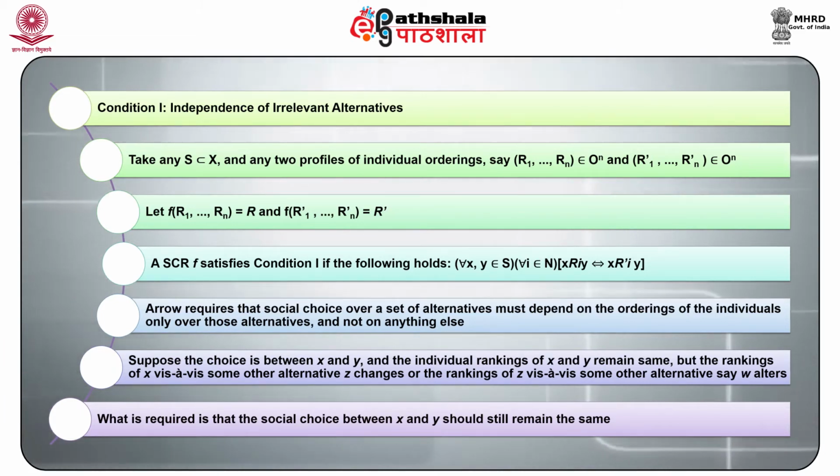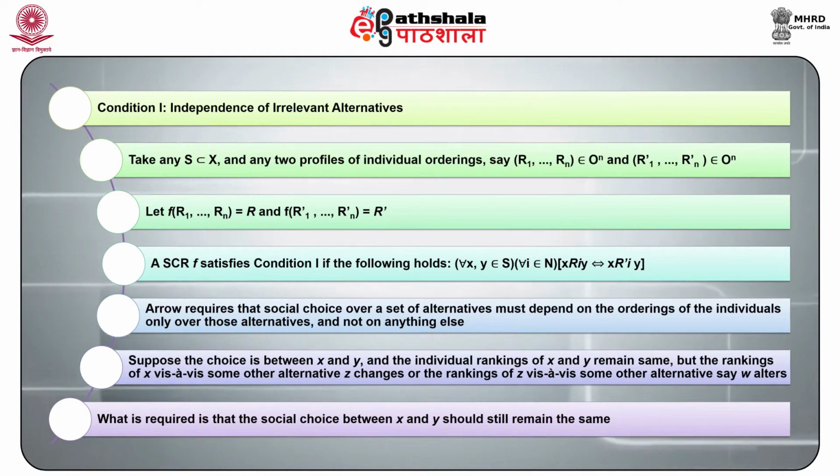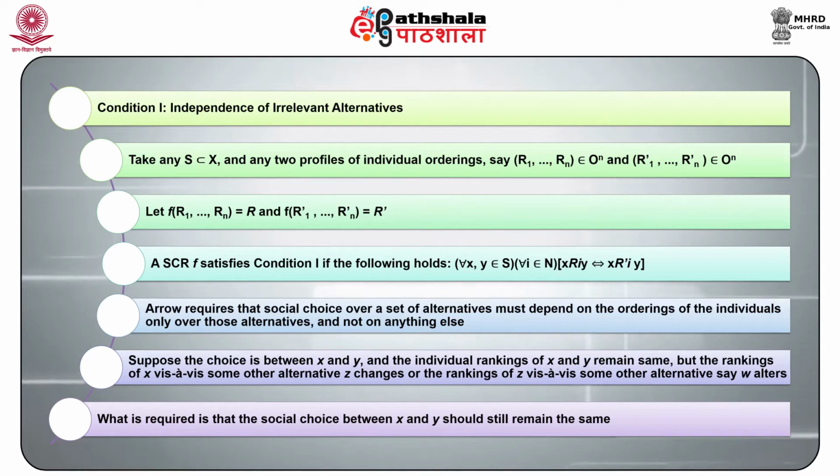Arrow requires that social choice over a set of alternatives must depend on the orderings of the individuals only over those alternatives and not on anything else.